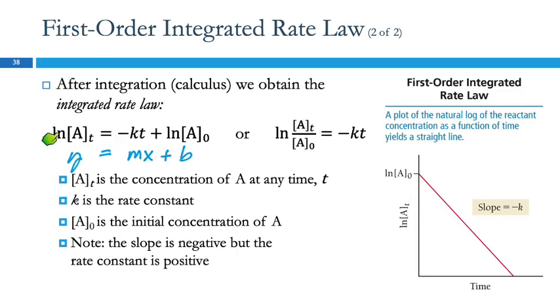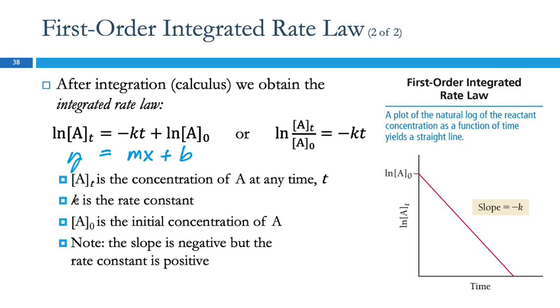And we're graphing the natural log of the concentration as a function of time. So this is the y value, and time is the x value. For a first order reaction, when we do this graph, we're going to get a straight line. The slope is negative, but the rate constant is positive.